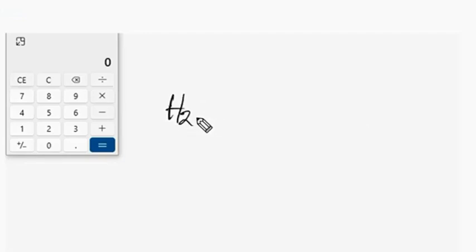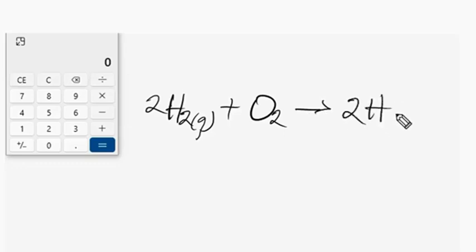If I have hydrogen gas here, let's say 2 molecules of this, then plus oxygen, the product will be water. Oxygen is a gas. So guys, that's the equation of the reaction, and combustion of hydrogen is the actual answer to this question.